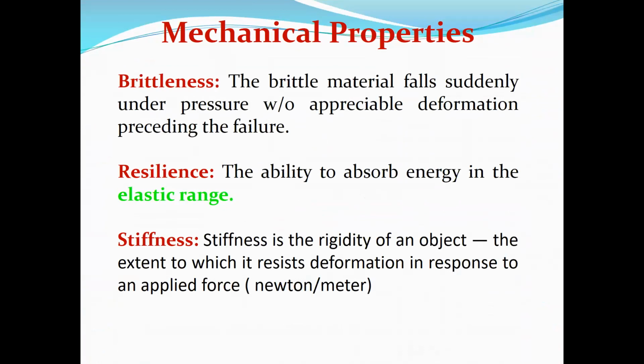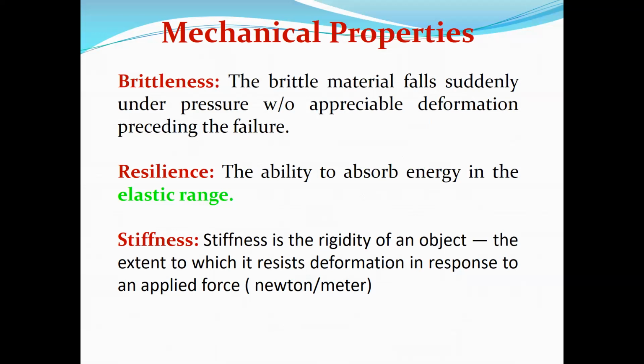Brittleness, you understand, some materials are brittle. Brittle means in Bengali it is bongus. So brittle materials, when the load is applied, break or fail suddenly under pressure, and they don't give any warning. If a metal is not brittle, for example steel, it is a ductile material.